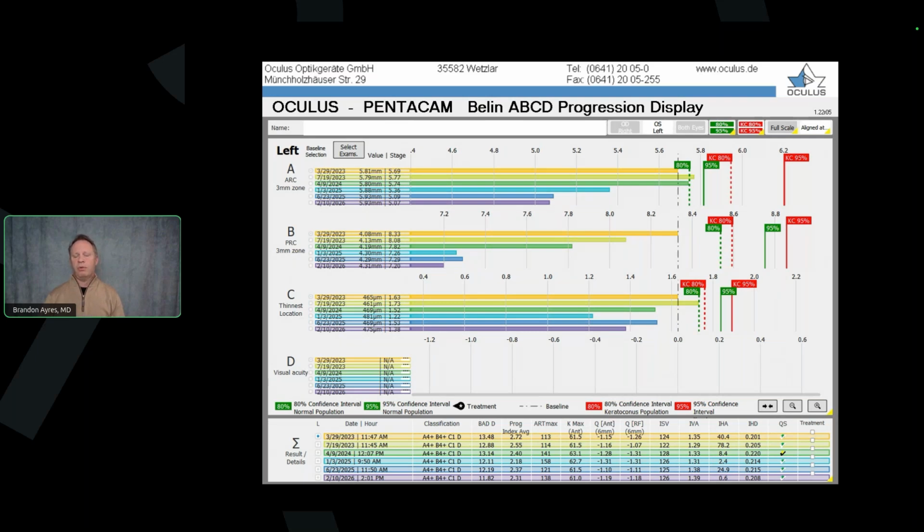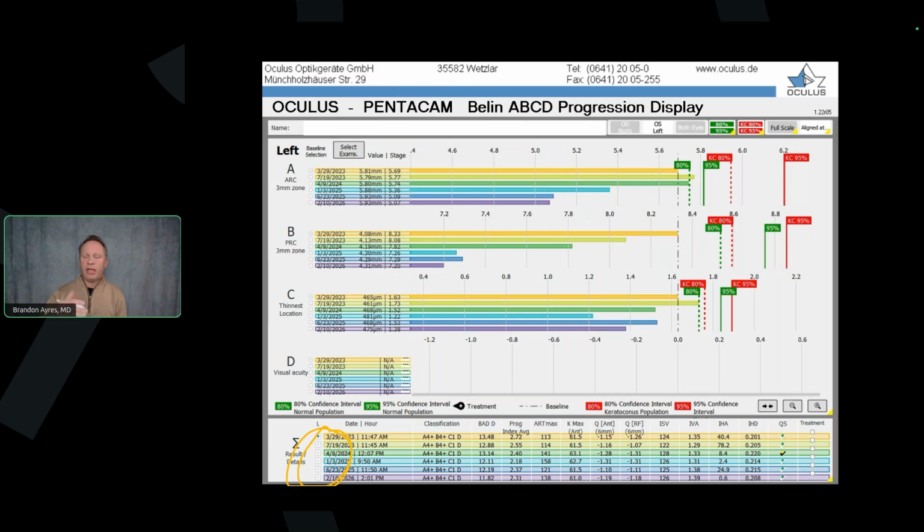You can also denote which, if you look down here, and I'll go over this again in a few minutes, but if you look down here, you can actually tell the Pentacam which image you want to use as your reference for looking for progression.